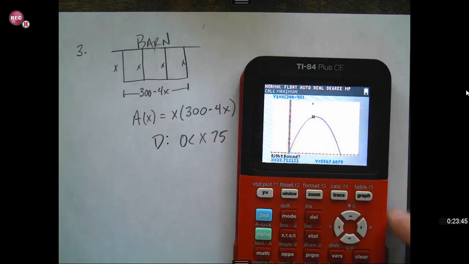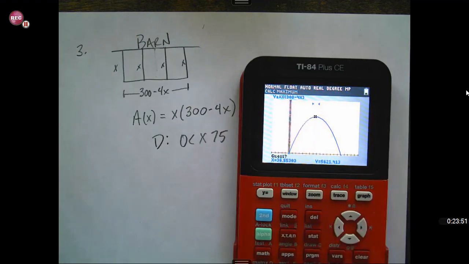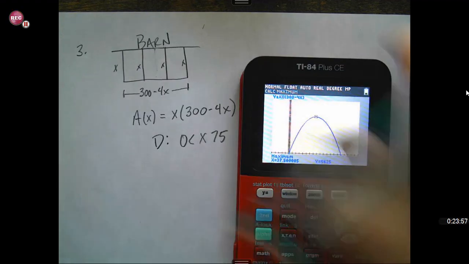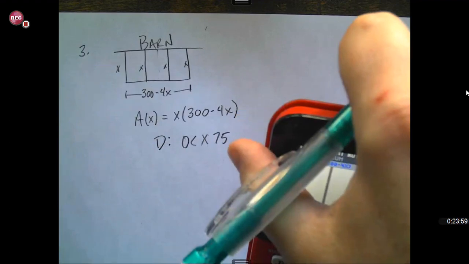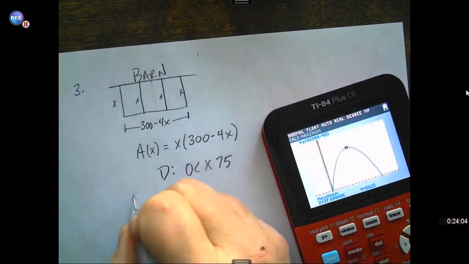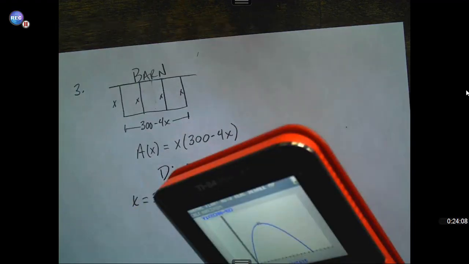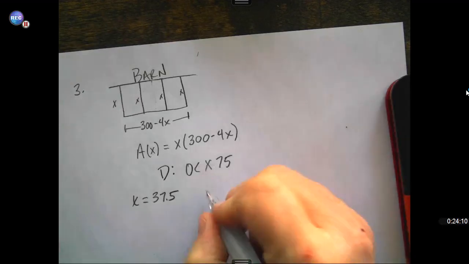So I give it a left bound, a right bound, and a guess. And I get 37.5 and 5625.